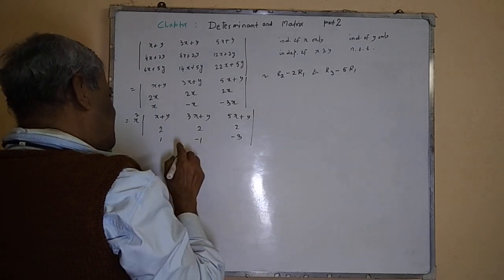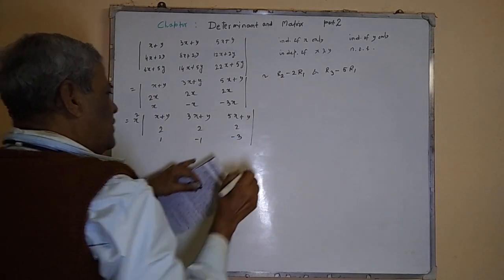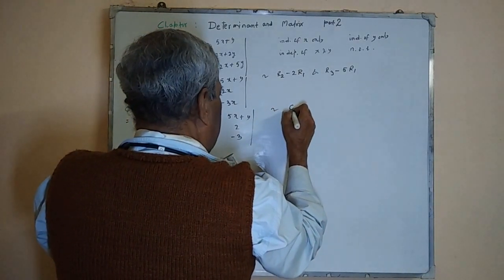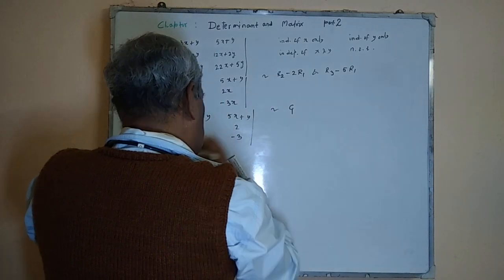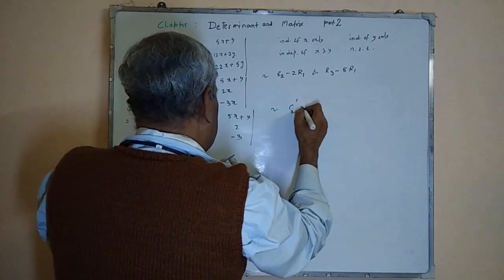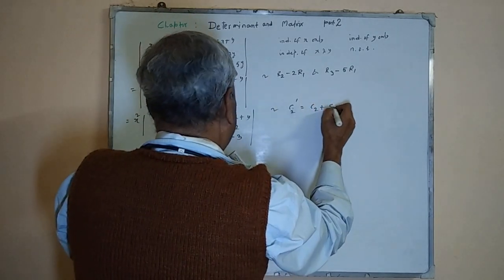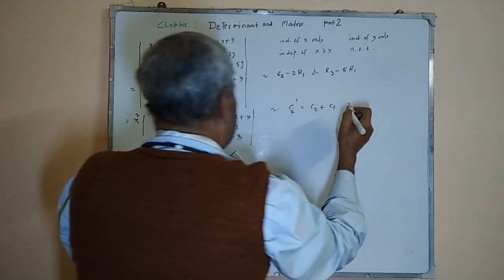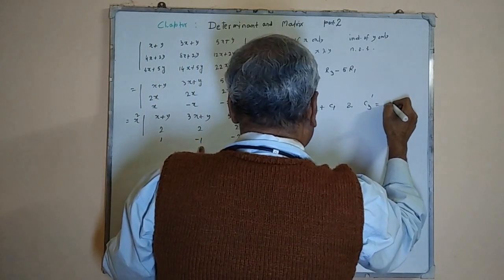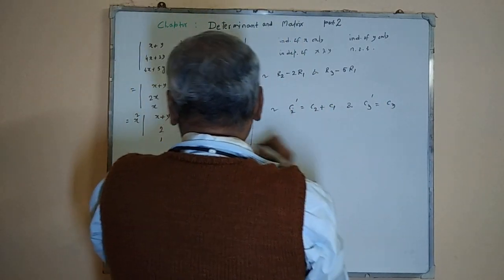Next, operate, try to make it 0 and make this 0. So operating C2 dash is equal to C2 plus C1 and C3 dash is equal to C3 plus 3 times C1.